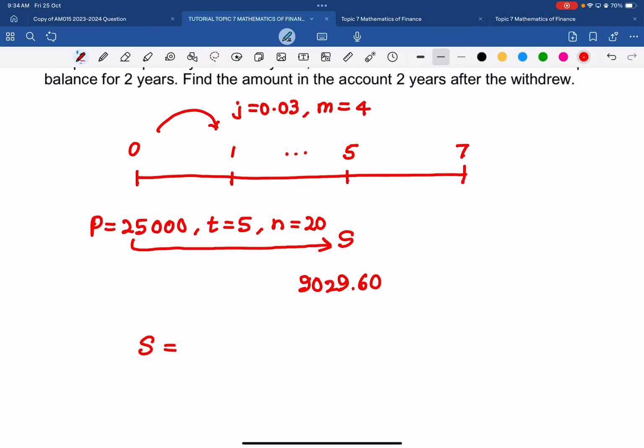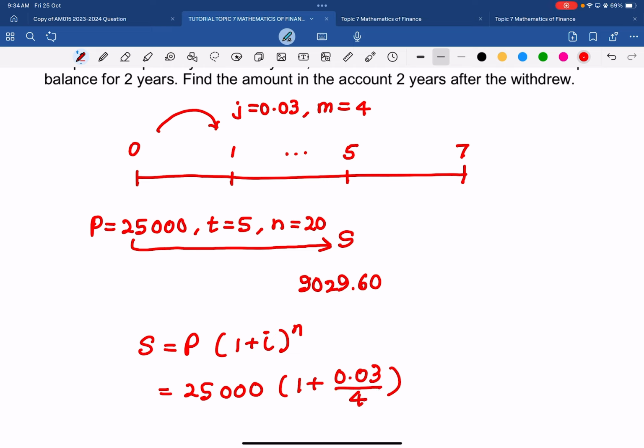For S, we use the formula P(1 + i) power N. P is 25,000. 1 plus i, what is i? 0.03 divided by 4, power with N, which is 20.